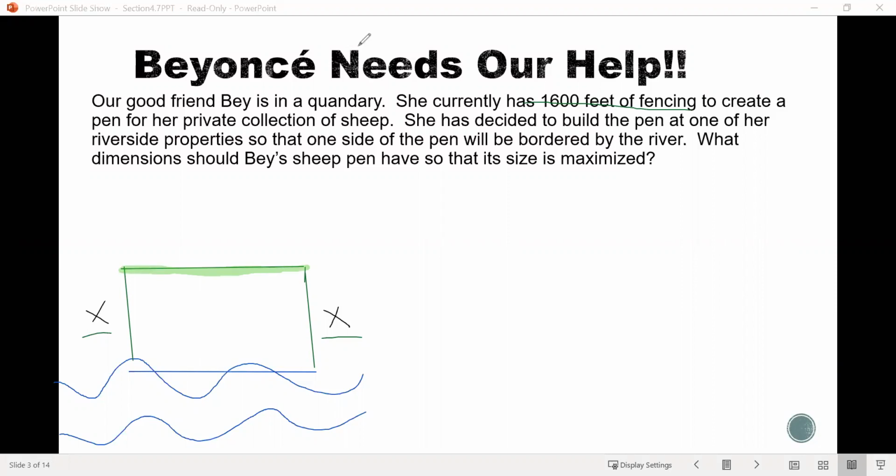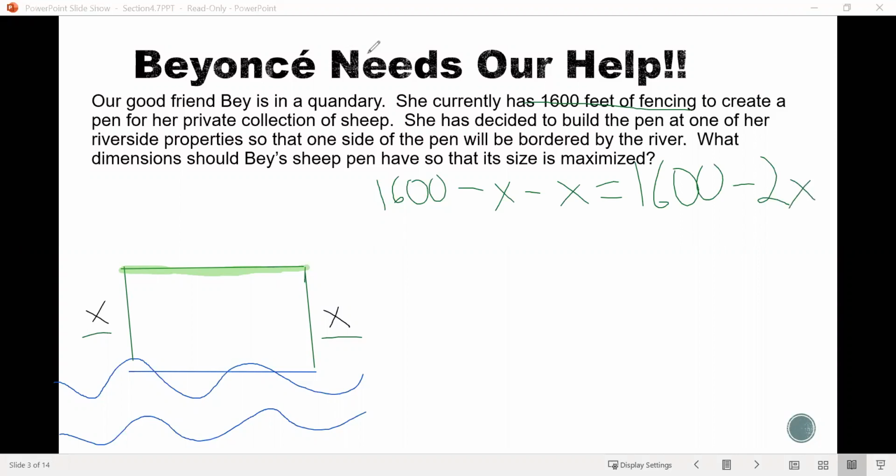Well, notice that the total amount of fencing we have is 1,600. To figure out how much is left over for that third side, we have to subtract the amounts we've already used, which are X and X. So it looks like that third side would have a length of 1,600 minus 2X.